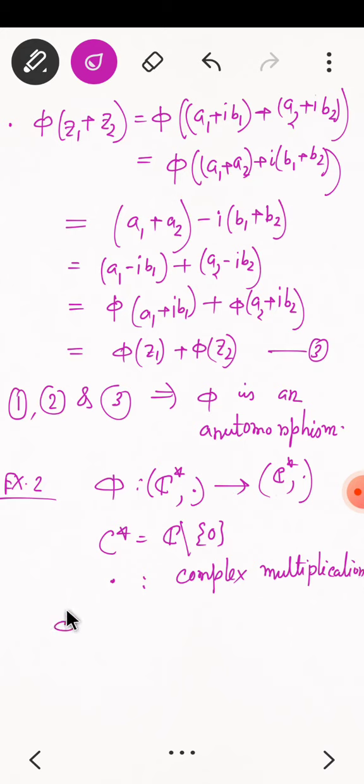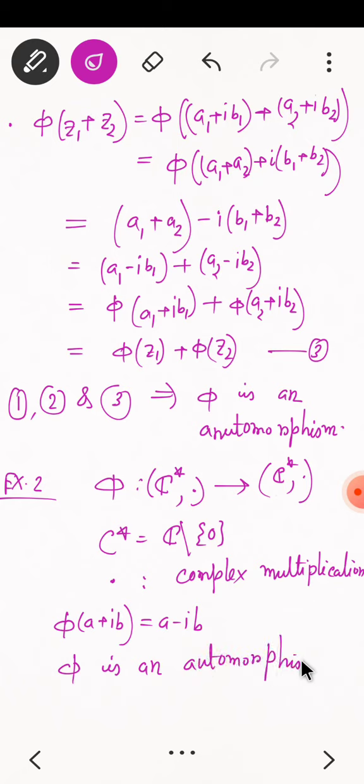So if we take phi of a plus ib going to a minus ib, then we can check that phi is also an automorphism on the group C star, comma, dot.